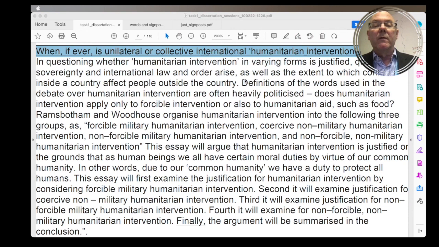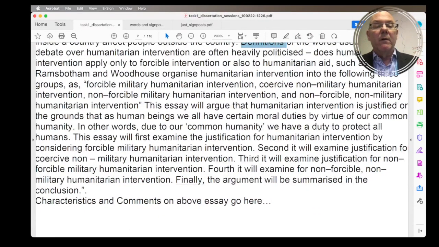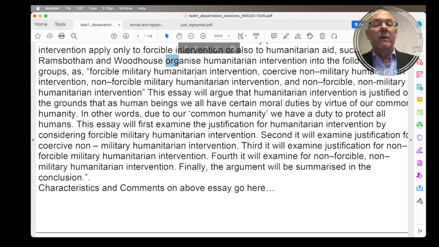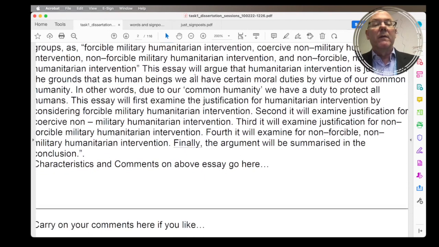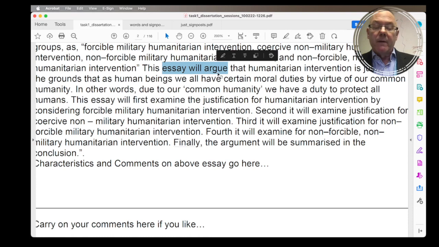If I go to this section and highlight the definitions, we can see various examples of good practice, in the sense that the student borrowed a definition from Woodhouse and Ramsbottom, although it's not properly evidenced. It should be in brackets here, 1992, open and close brackets, in accordance with the Harvard system. So that's okay. This essay will argue, so we found the argument.